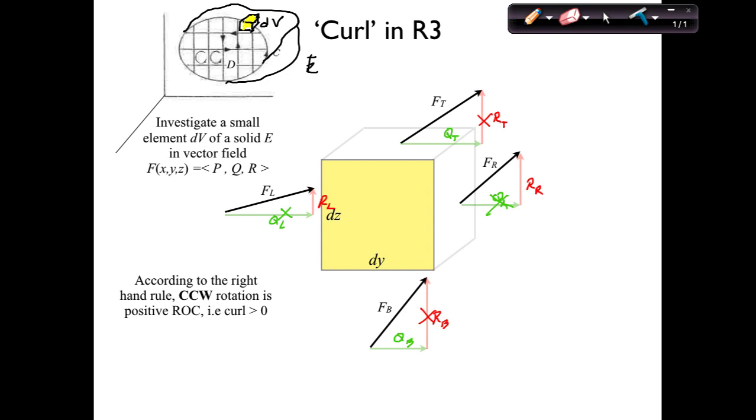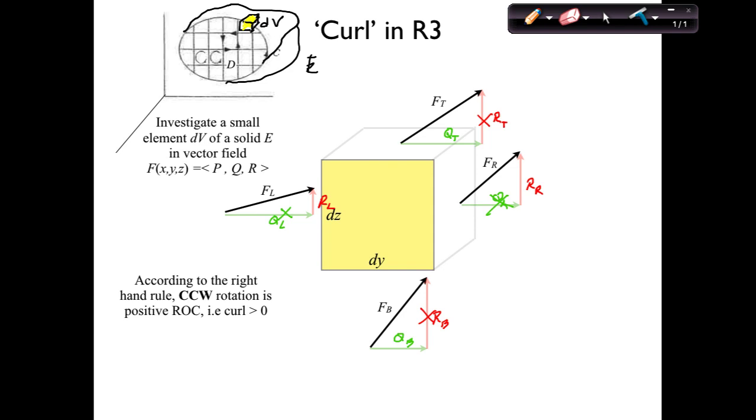So what will the rate of change be? The rate of change of Q with respect to Z, and will that be positive or negative for positive curl? Negative, right?